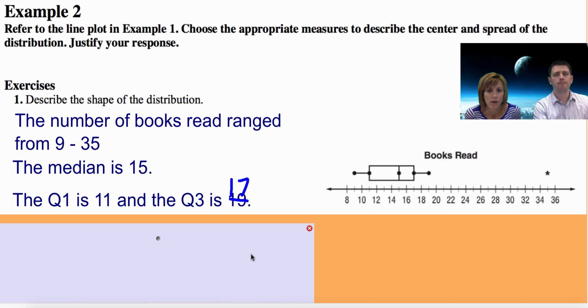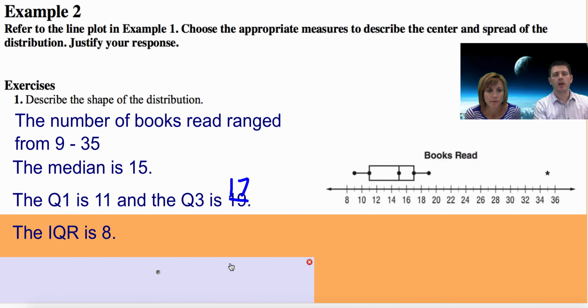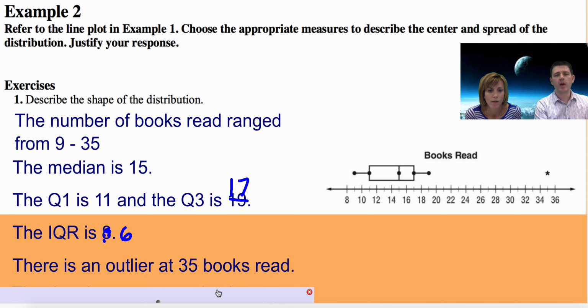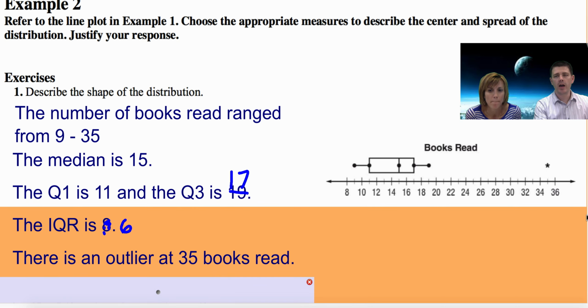Then the interquartile range is 8, which now I have to change to 6. Sorry about that. And then we have an outlier at 35 books read, that one way out there by itself.